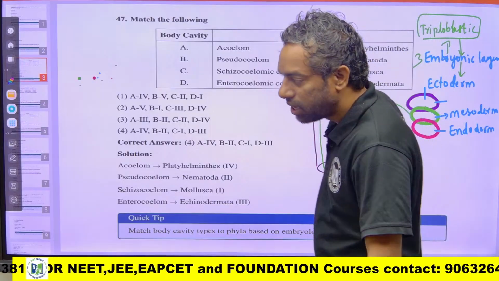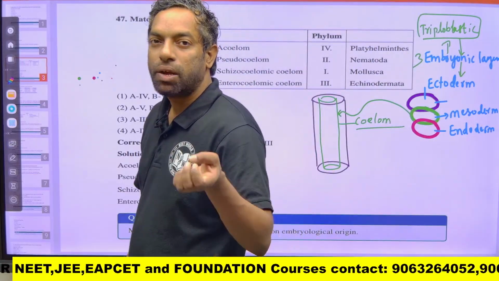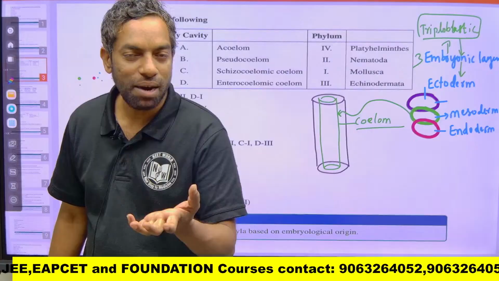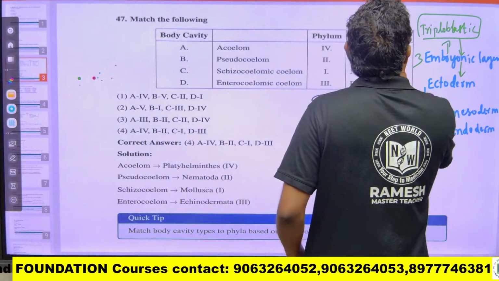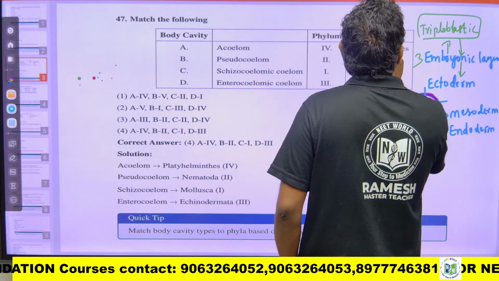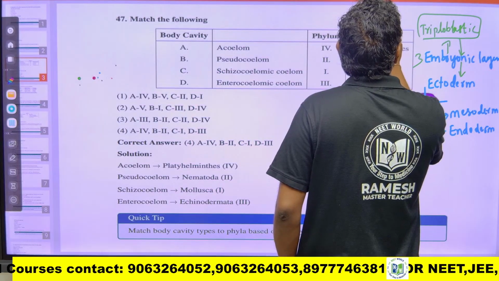But here there is a condition, which is Platyhelminthes. Platyhelminthes first started triploblastic. Flatworms, this is the flatworm.